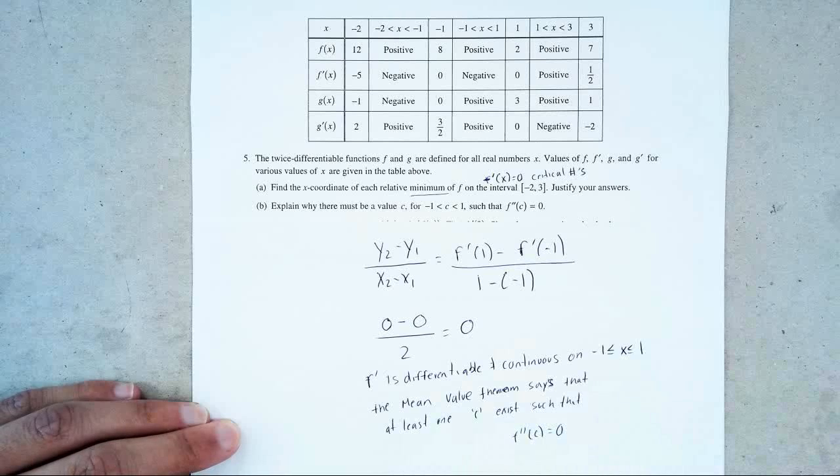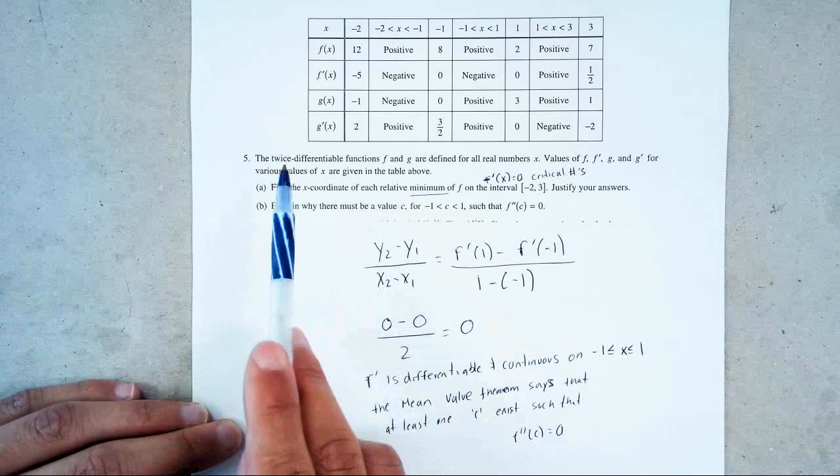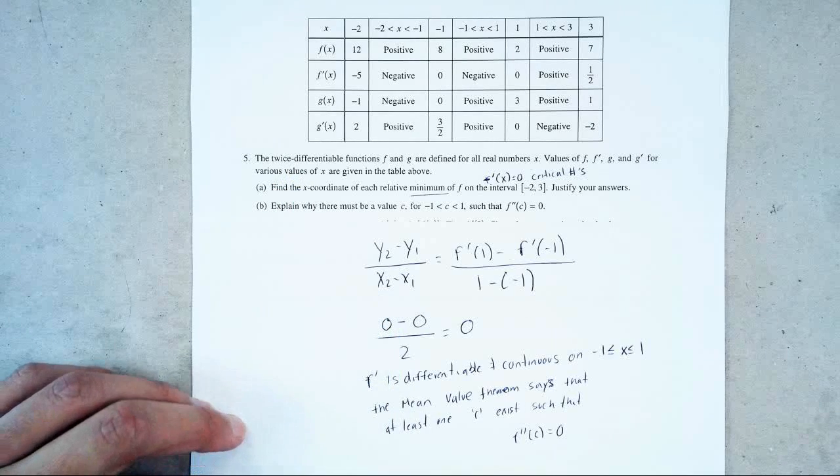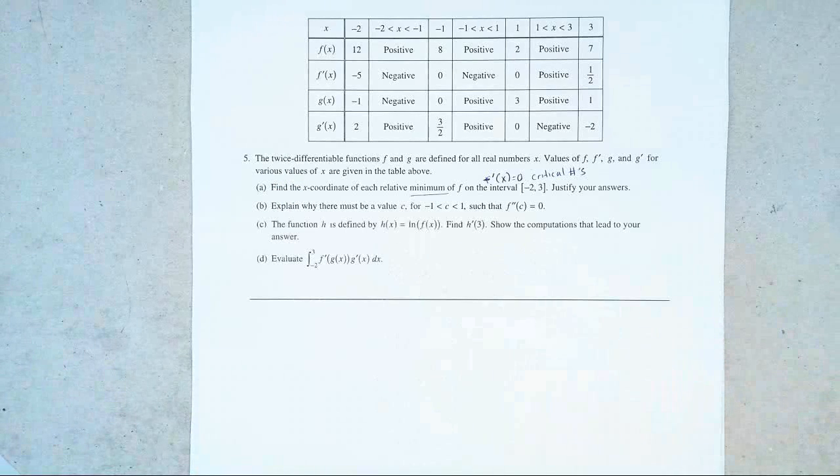All you're doing is restating the obvious. But anytime they're asking to find a derivative and they're looking for a value that can give you a slope, you use your slope formula because all you're given are points, and then you use the mean value theorem. Okay? And then that's going to lead us to part C.